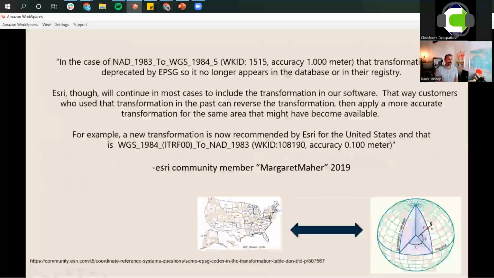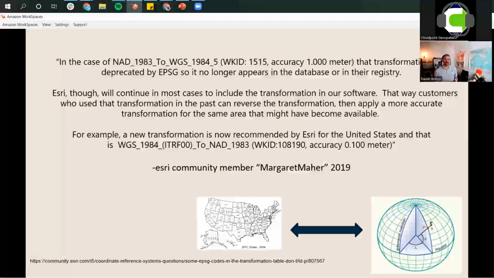However, that transformation number is no longer recognized, or it's deprecated from the EPSG, which is essentially a third-party arbiter over accuracy of these different types of transformations to understand which ones are the most accurate.